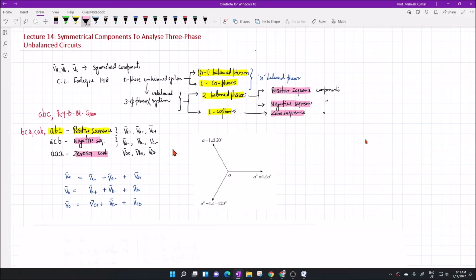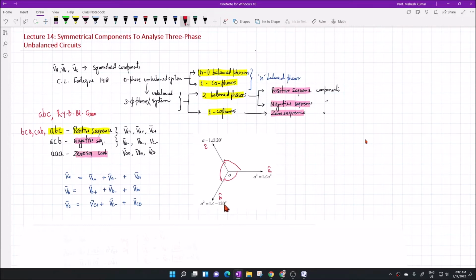If you denote in terms of phasor diagram, then this will form a positive sequence. If I say that this is the axis A, this is the axis B, this is axis C, they are 120 degree apart, and B follows A and C follows B, A follows C and so on.